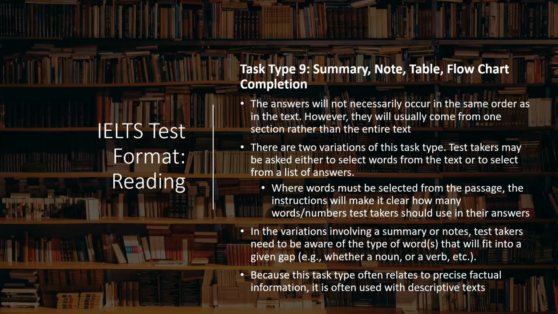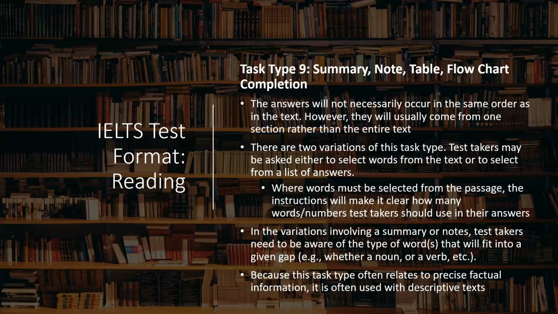There are two variations of this type of task. Test takers may be asked to select words from the text, or to select from a list of answers that is already given.